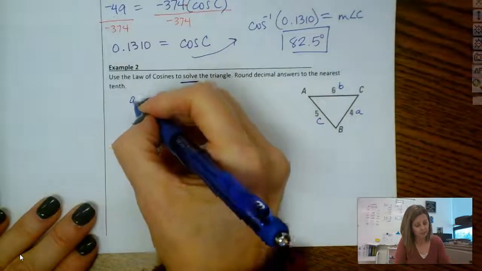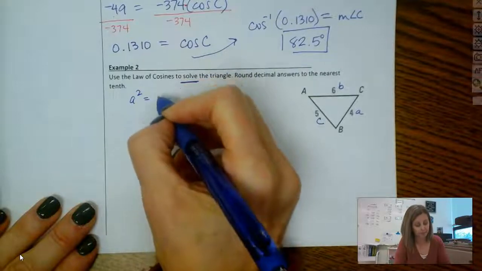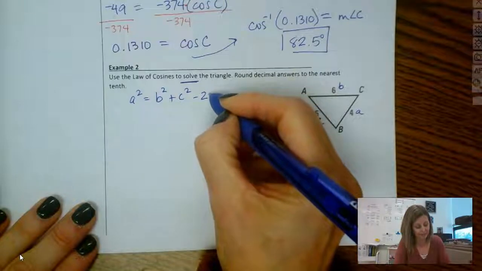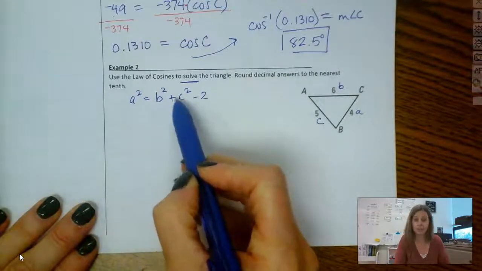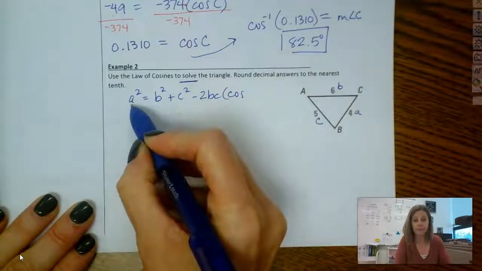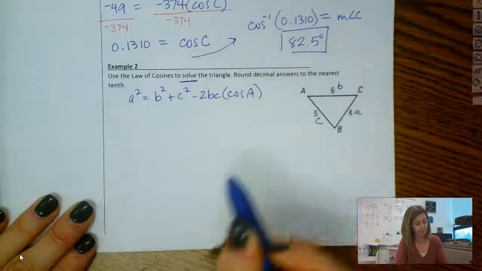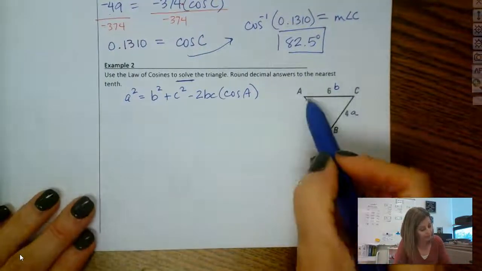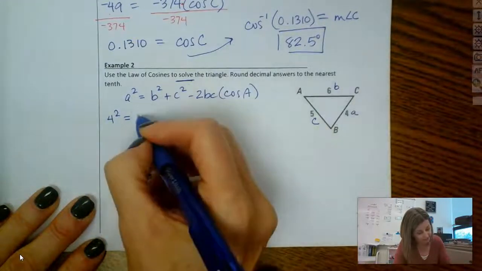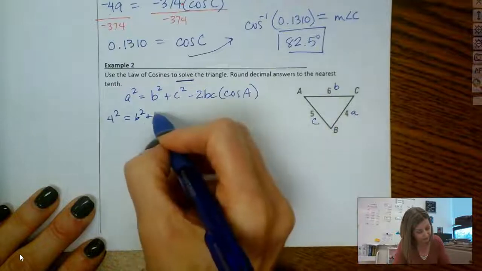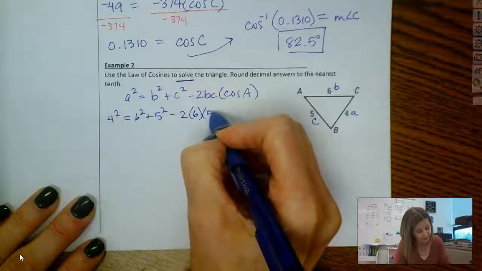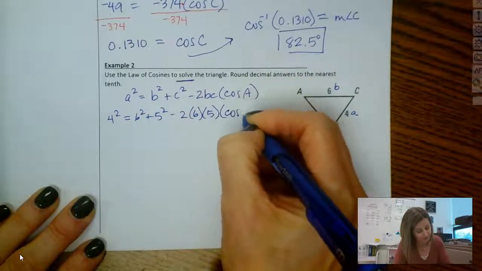It's going to start as a squared equals b squared plus c squared, and then it's always minus 2 times the two letters you just wrote, bc, and then you're also going to multiply by cosine of angle A. A is 4, so I'm going to do 4 squared equals 6 squared plus 5 squared minus 2 times 6 times 5 times cosine of A.